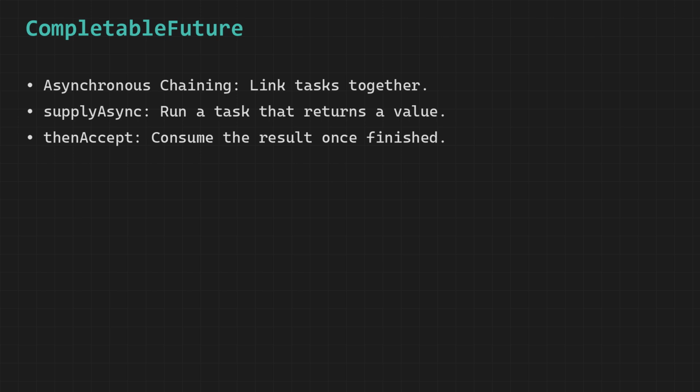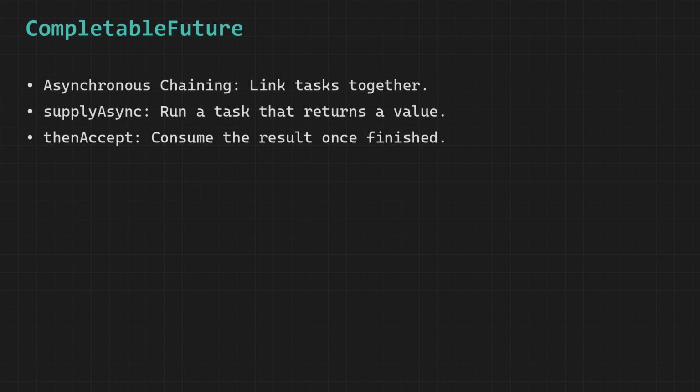The entire chain works in a flowing and non-blocking manner, where each stage automatically triggers the next one as soon as its work is done, without freezing the program or forcing it to wait unnecessarily. And this is what makes CompletableFuture extremely powerful, because it allows developers to write asynchronous code that looks structured and sequential while actually running efficiently in the background.